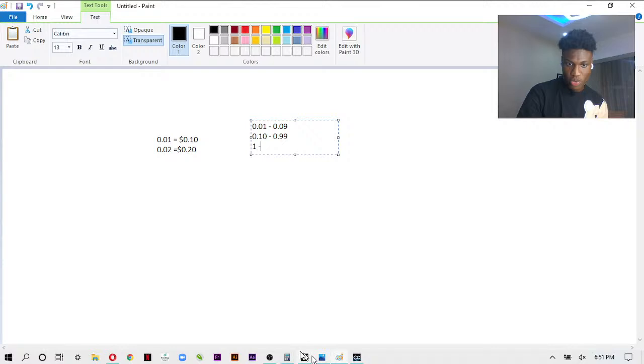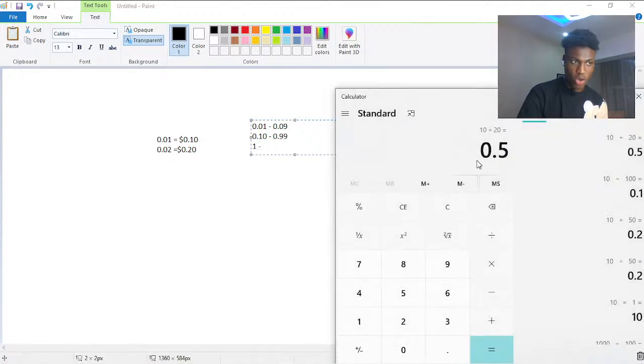So where does 50 cents fall under? It falls under the micro lot size, at 0.05. So if 20 cents is 0.02, then 50 cents is 0.05.